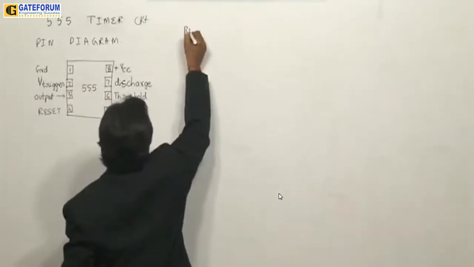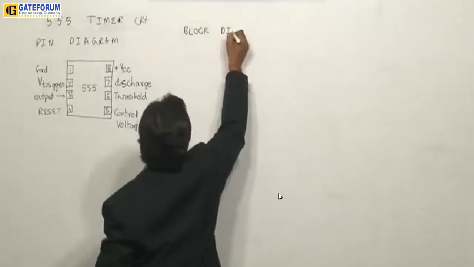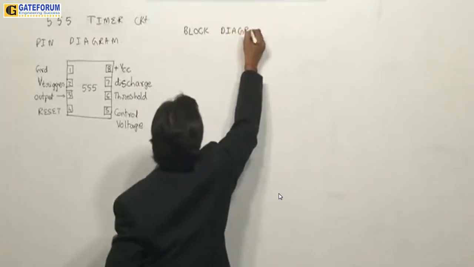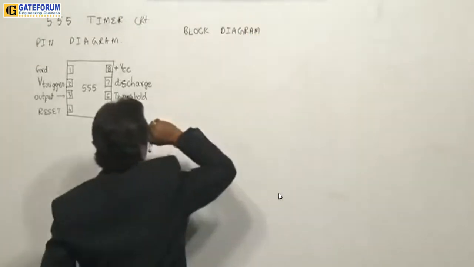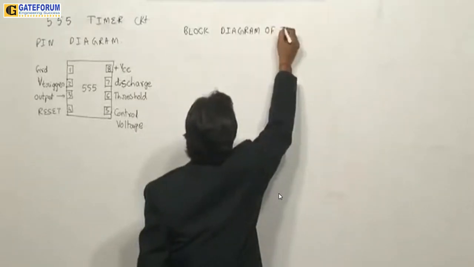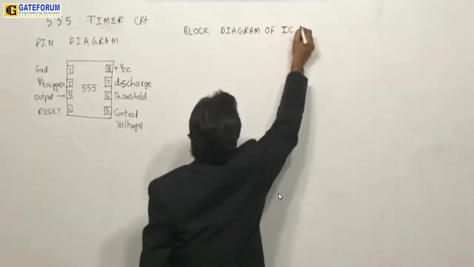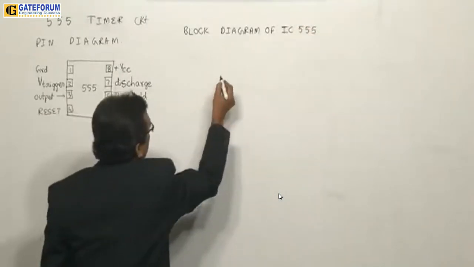Now let us see the block diagram of the simplified timer. Everybody try to see the block diagram. While I am drawing, try to observe first, later you can copy. Block diagram of IC 555, very important.